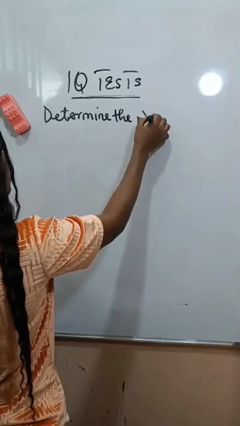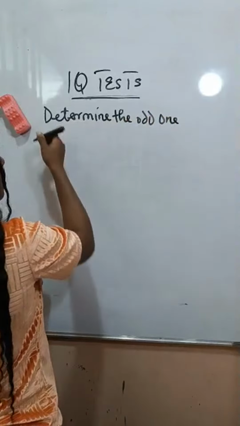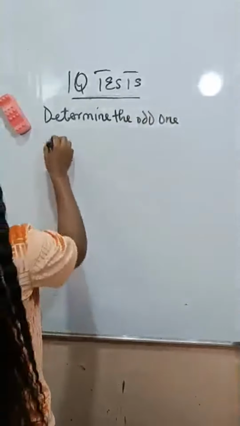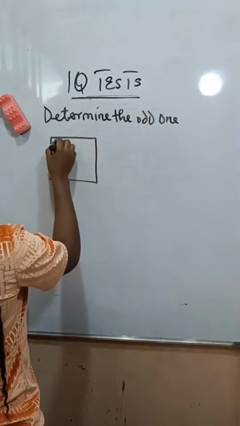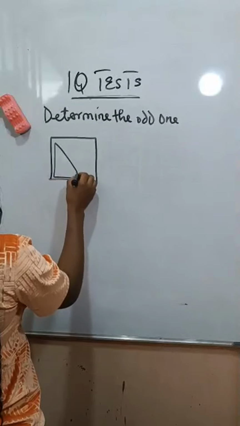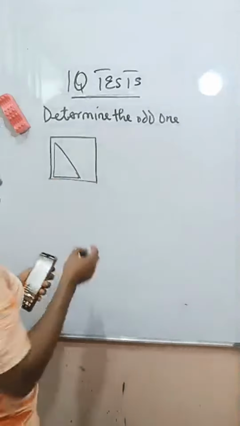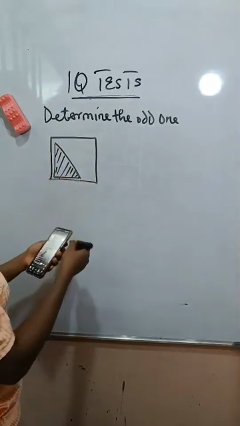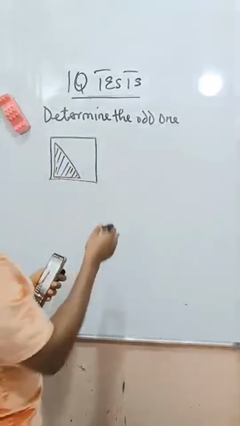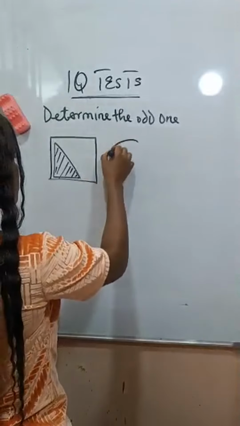Determine the odd one. Now we have this. We have this, and this is shaded. Yeah, this is shaded. Then we have this.